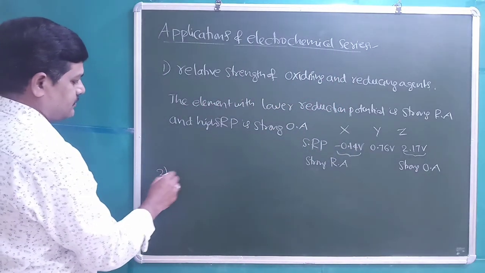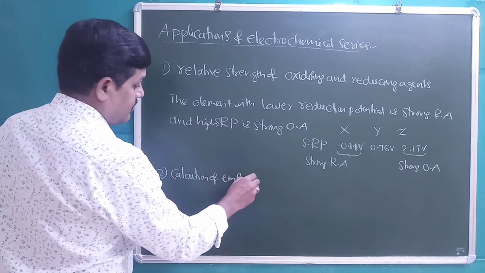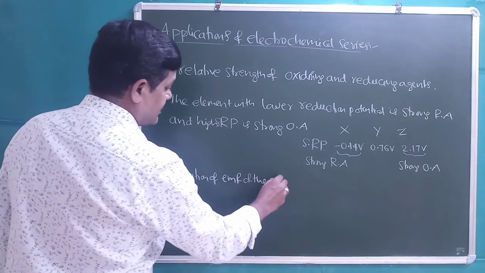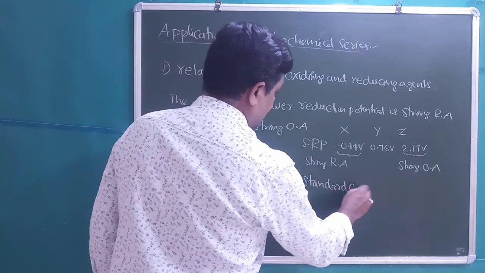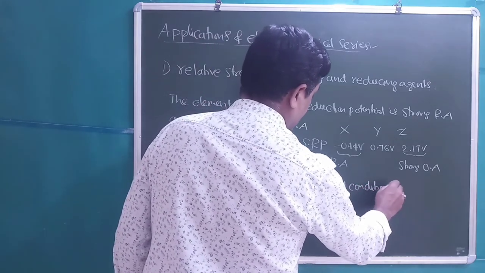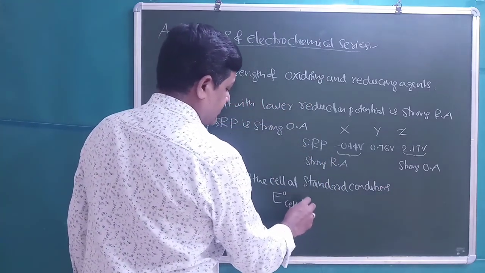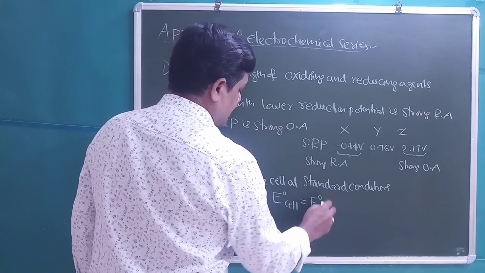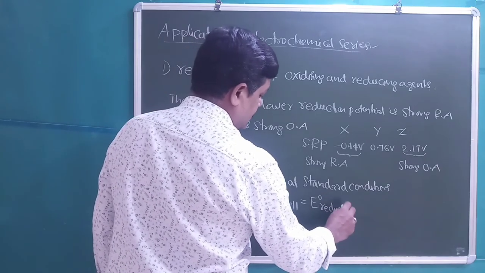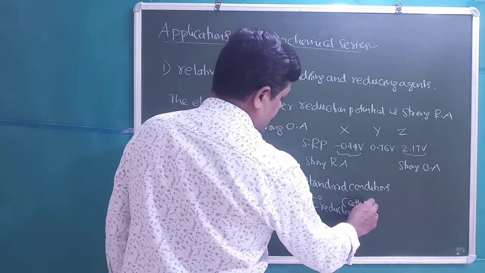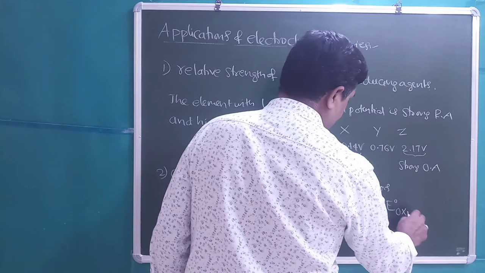Second application is calculation of EMF of the cell at standard conditions. Students, E naught cell is equal to E naught standard reduction potential, reduction occurs at cathode, plus standard oxidation potential of anode.